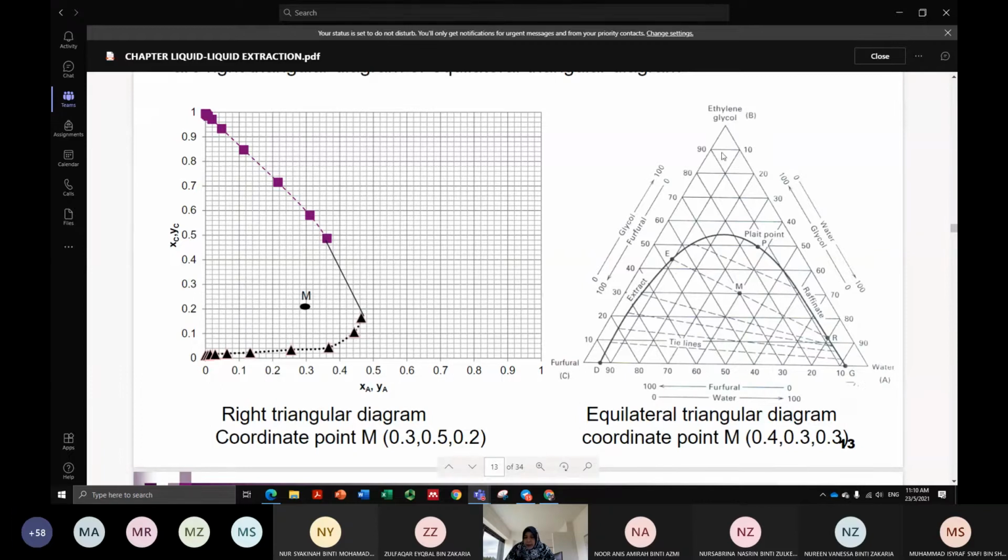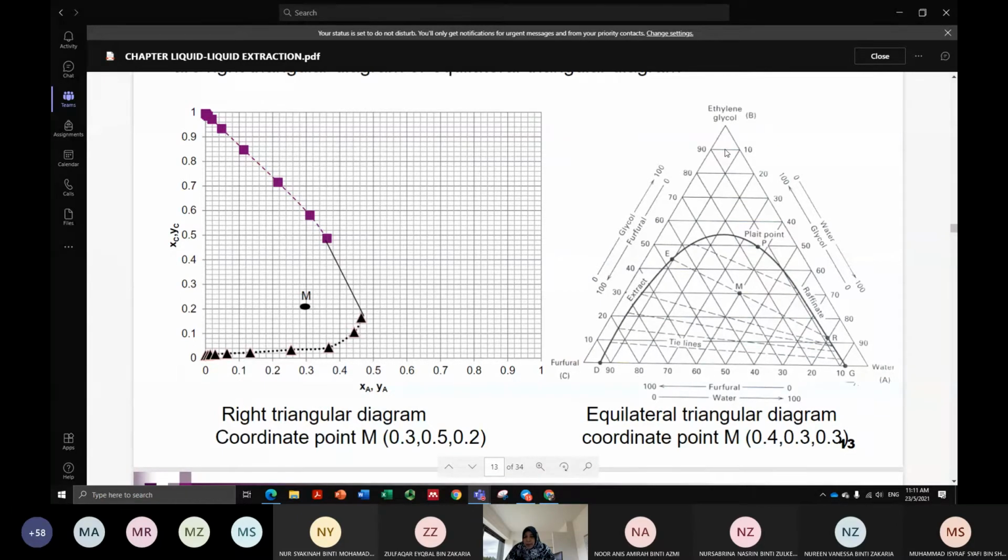Then you go further downward, you have the peak and the base of the triangle. As you go further to the top of the triangle, the base becomes smaller.